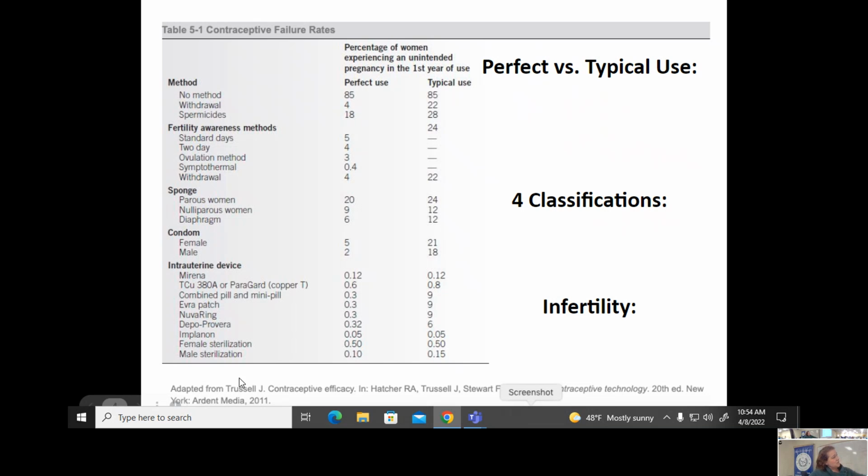We're going to be kind of going through certain of these methods, but they fall into 4 groups or 4 classifications, which are behavioral, barrier, hormonal, and surgical.